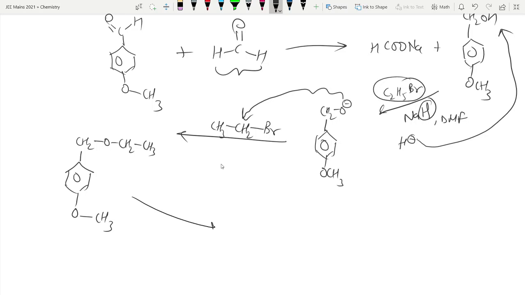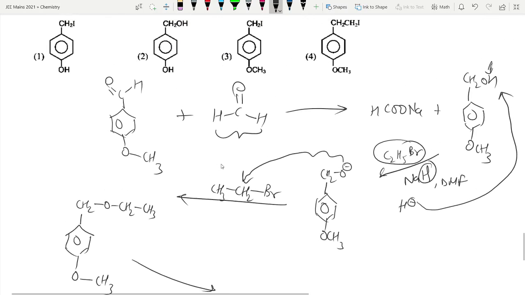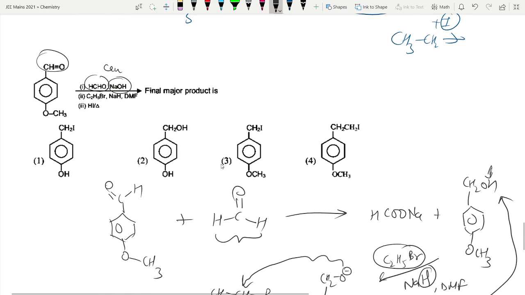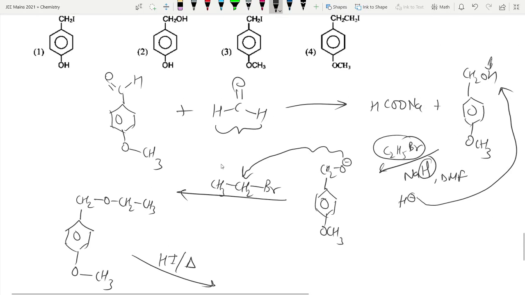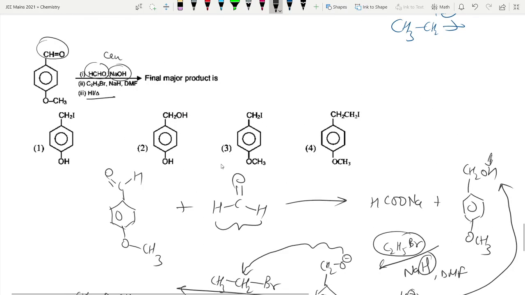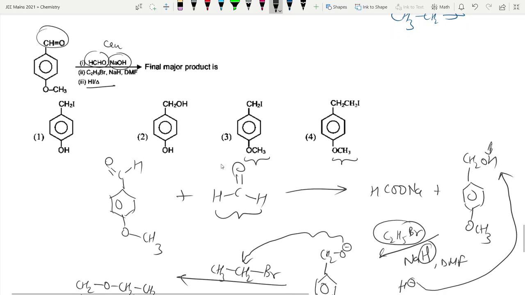And this is now turning out to be a question about cleavage of ethers. Yes, HI and heat. Okay guys, HI and heat, whether we have to break both of these ethers or only one, that is for us to decide. My god, because here they have broken only one, and in some of the options, they have broken both of them, right?